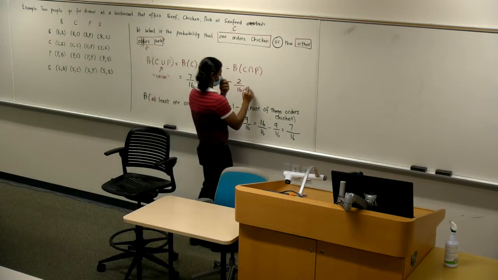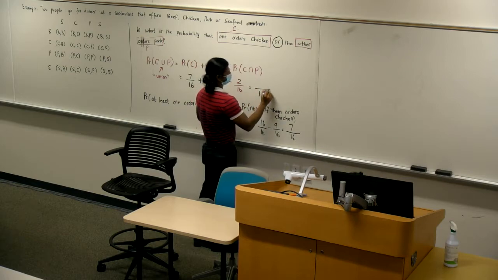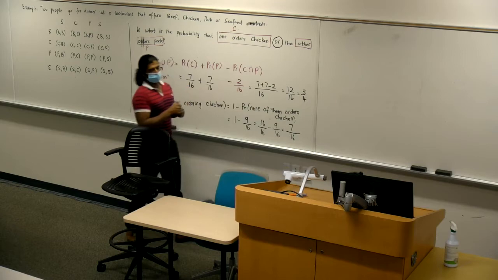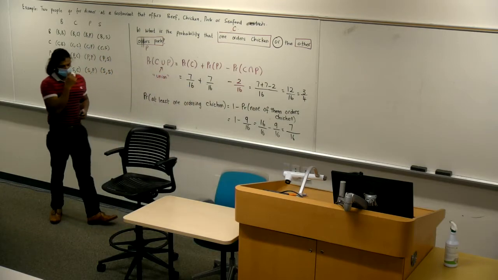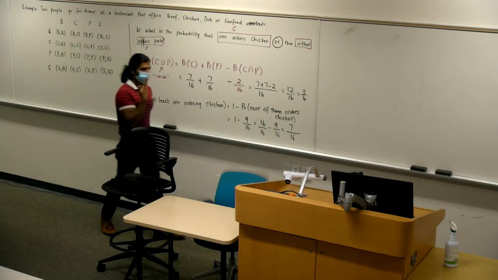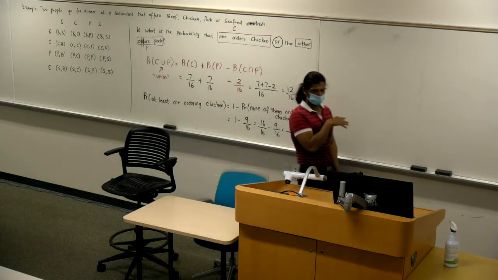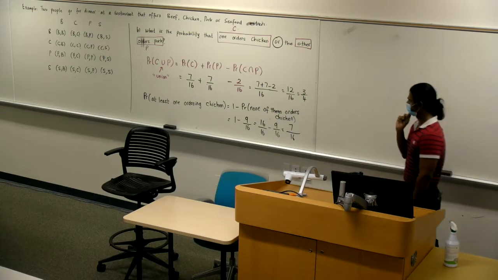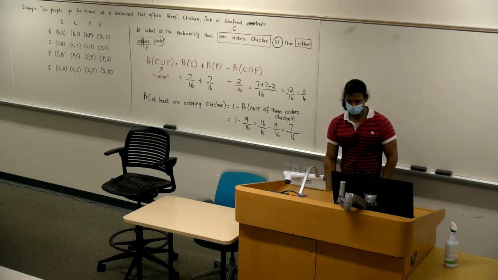We have a common denominator. (14 minus 2), 12, 12 out of 16. If you simplify it, it is 3 over 4. 3 over 4 is 75%. Does that make sense? Yes? Okay.